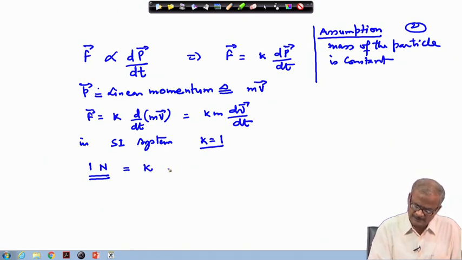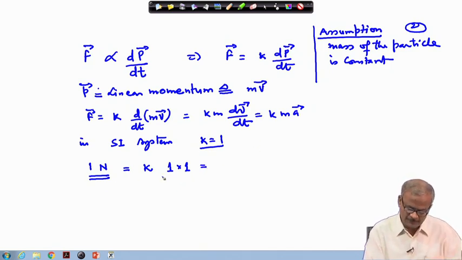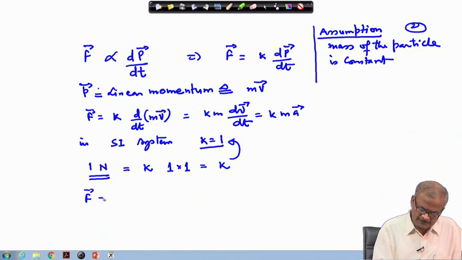So, we can see that if the body mass is 1 kg, dv by dt is the acceleration. So, k m times a, this is 1. Okay. That gives you, here we have written magnitude wise, the vector notation we are not putting. So, k turns out to be 1. So, in the SI system, the units are defined such that k equal to 1, and therefore Newton's equation you often find in this form. Okay.